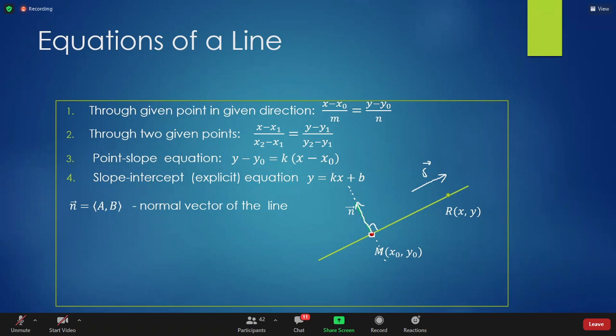You should remember this word, normal, because in mathematics, the word normal has several meanings. But the first meaning you have to understand, normal means perpendicular or orthogonal. So the normal vector of the line is a vector perpendicular to that line.